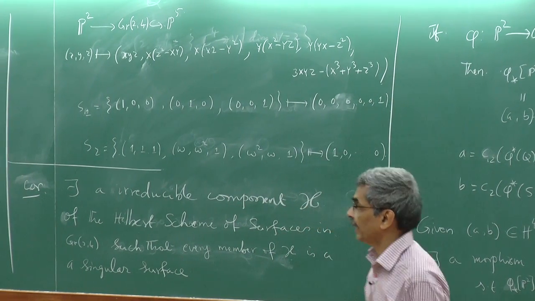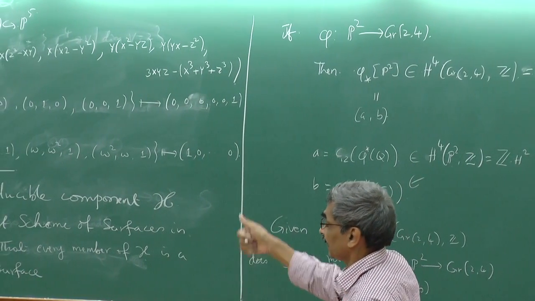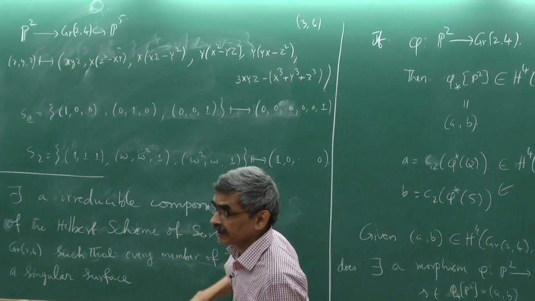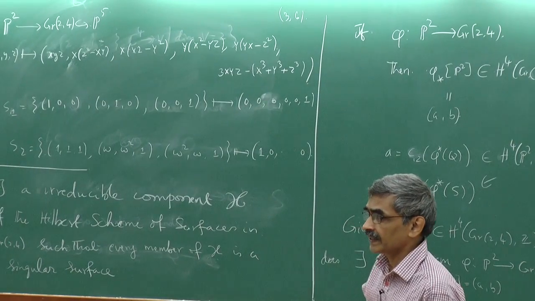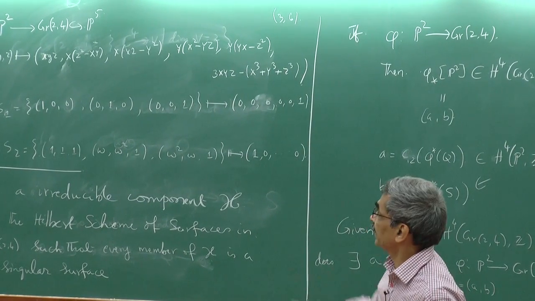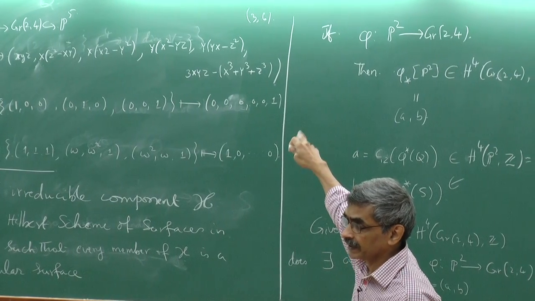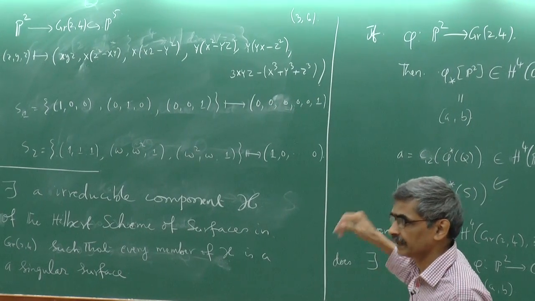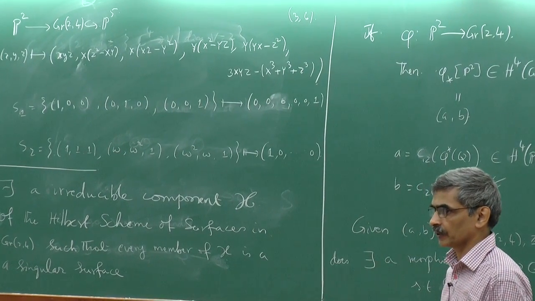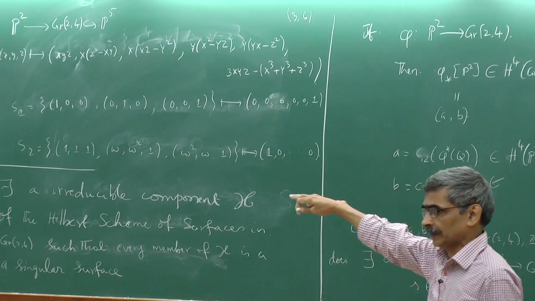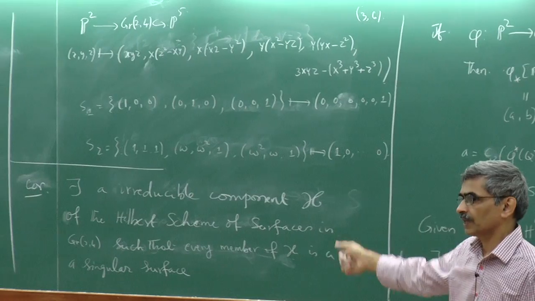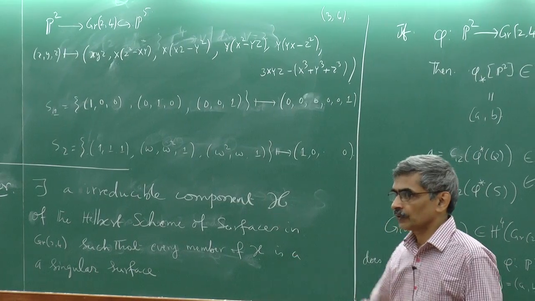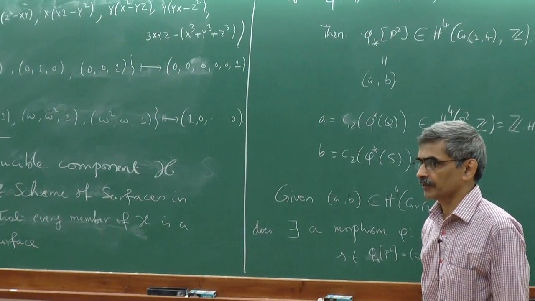And there is a classification of surfaces of type 3, 6 in the Grassmannian by Mark Gross, and he says if you have a smooth surface in the Grassmannian represented by this class, then the genus has to be greater than or equal to 2. I think he writes down exactly what the possible genera are, and so genus 1 cannot occur in that case. So from that one can conclude that the Hilbert scheme component containing this consists only of singular surfaces.